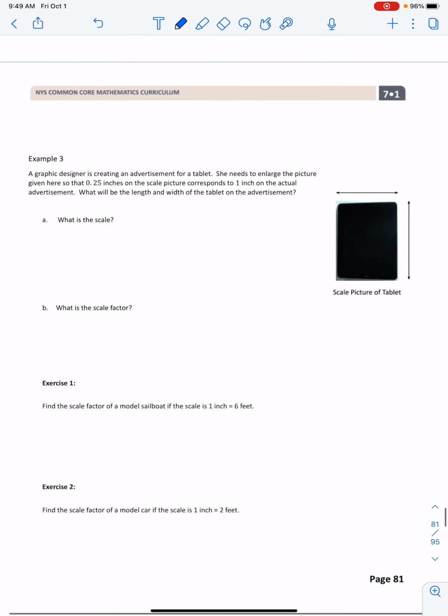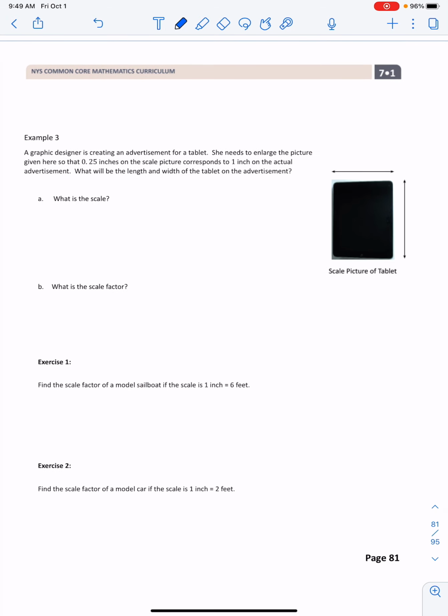Our next question says a graphic designer is creating an advertisement for a tablet. She needs to enlarge the picture given here so that 0.25 inches on the scale picture corresponds to 1 inch on the actual advertisement. What would the length and width of the tablet be on the advertisement? Again, here's our scale. So our scale is 0.25 inches, and it would equal 1 inch on the actual advertisement.